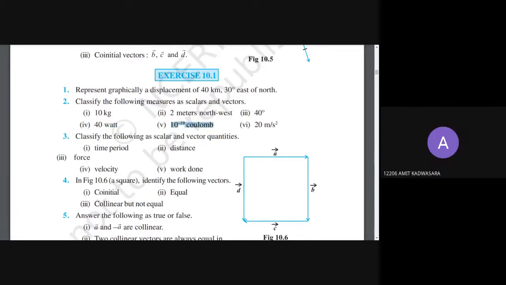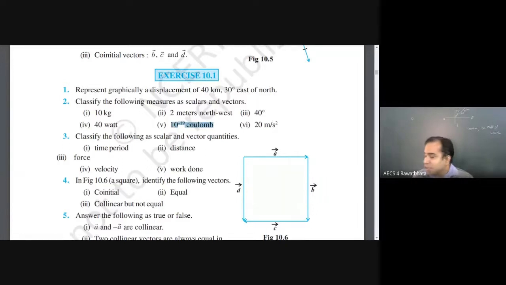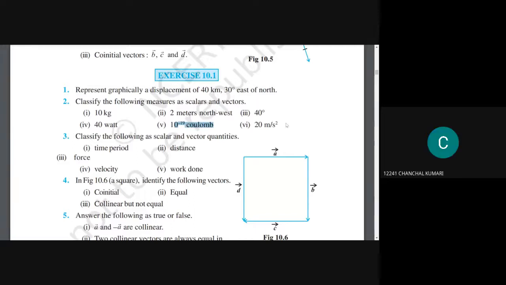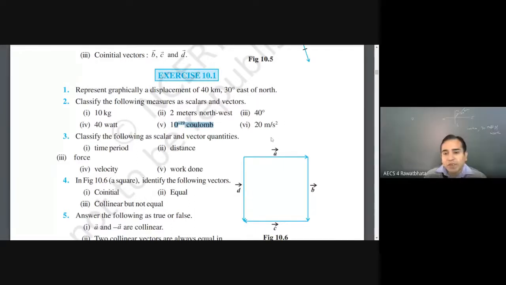Coulomb is the unit of what? Charge. Charge is scalar quantity. 20 meter per second square. So you should identify vector. Acceleration is a vector quantity.